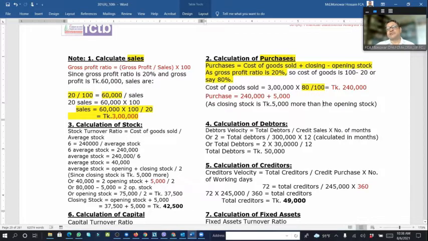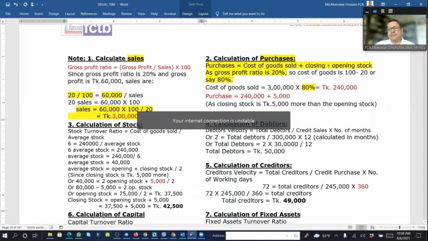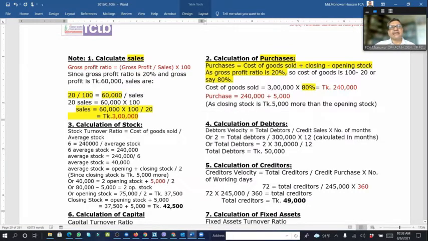So based on that, cost of goods sold is 80%, that is 80 divided by 100. Cost of goods sold is 80% of 3 lakh. What is 3 lakh? 3 lakh is the sale. So the sale amount multiplied by 80% comes to 2,40,000, and to this 2,40,000 we add 5,000.